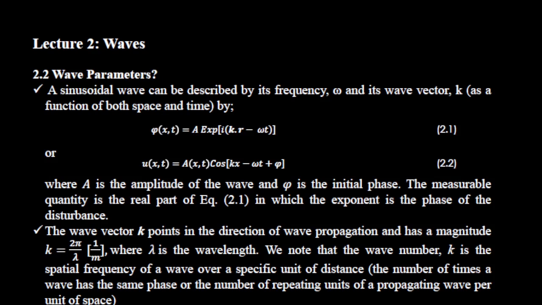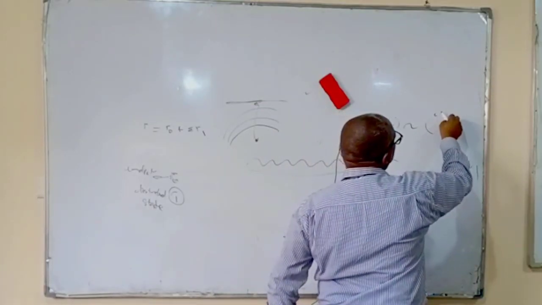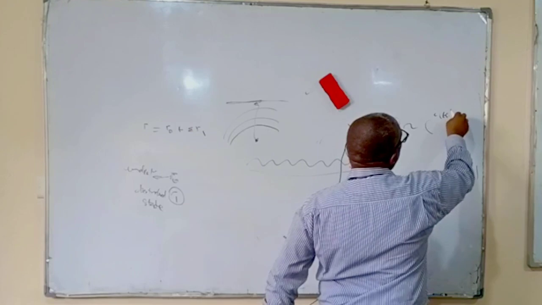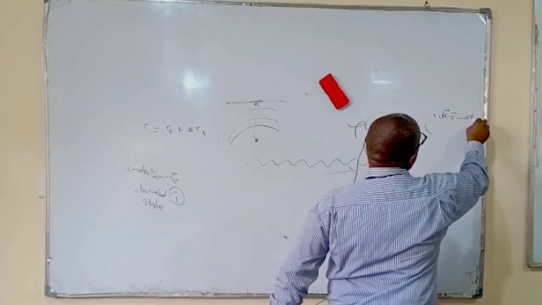There must be a wave vector, and both of them at a time, of course. Because you can look at your wave as a function of r and t to be proportional to e^(i k dot r, which are vectors, minus omega t).